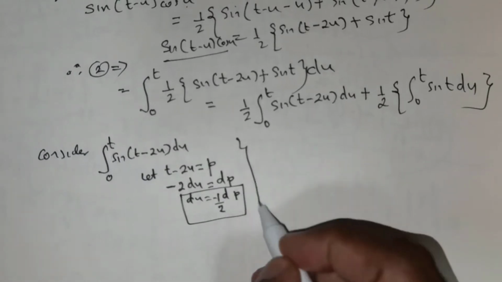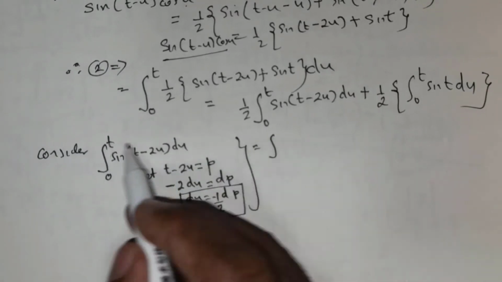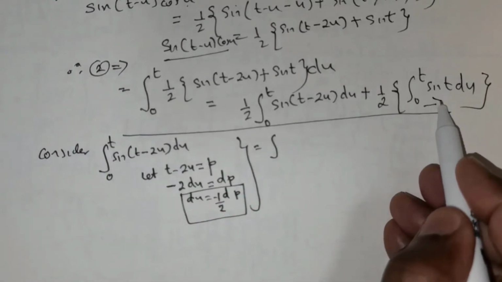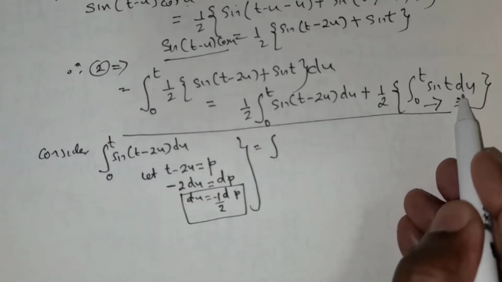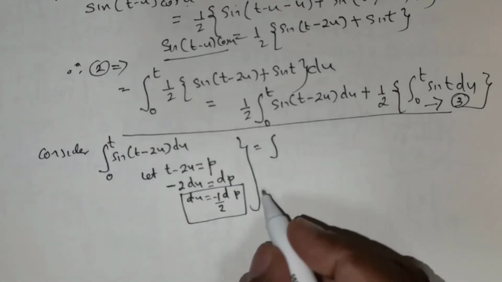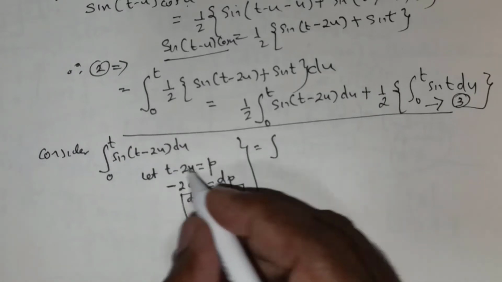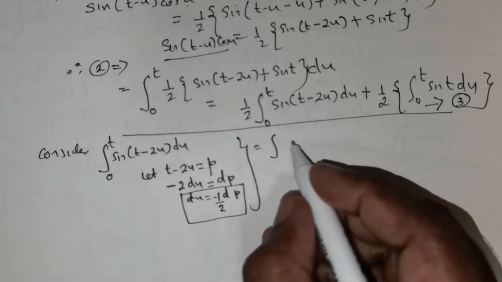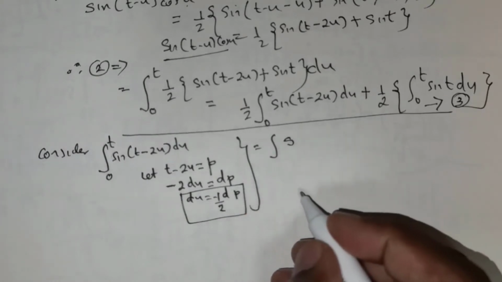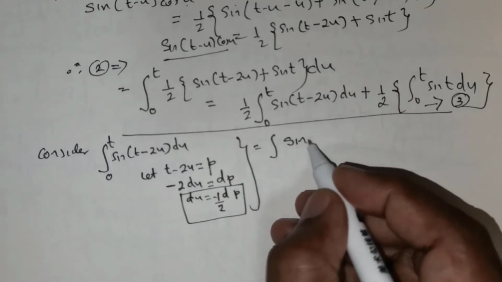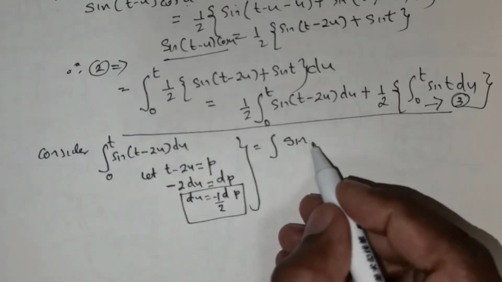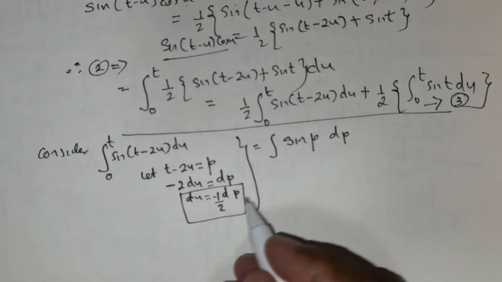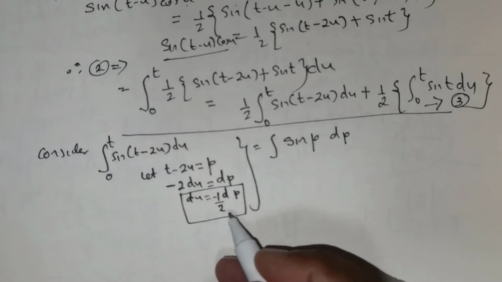So hence this is equal to the integral. I'm not going to touch the integral limits for now. So this is going to be sine of t minus 2u, that's p, and du is going to be dp multiplied with 1 over 2 with a negative sign.